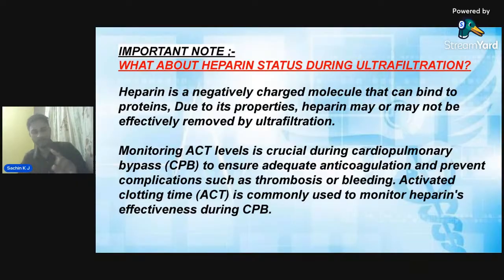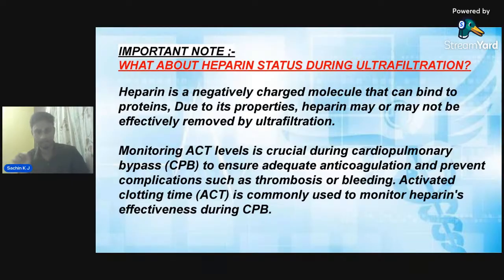Heparin is a highly negatively charged molecule that can bind with proteins. Due to these properties, heparin may or may not be effectively removed by ultrafiltration.